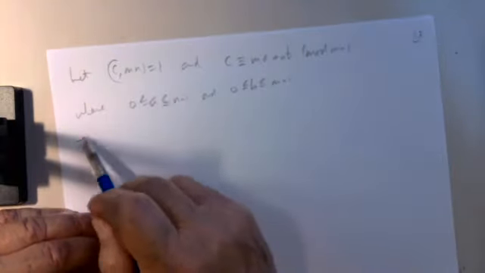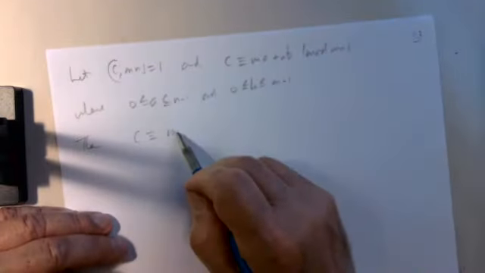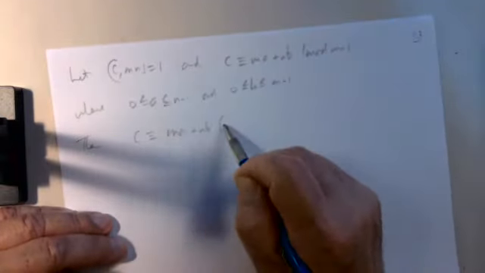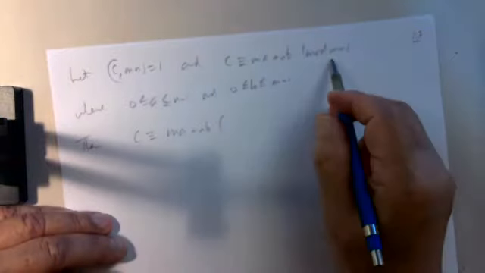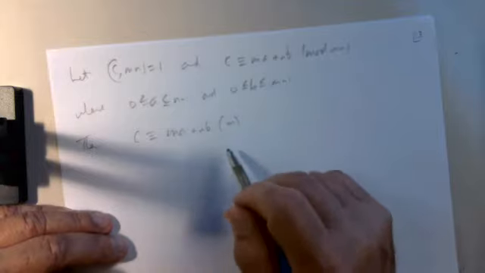So C is congruent to MA plus NB mod MN. So that means MN divides the difference. So M certainly divides the difference.